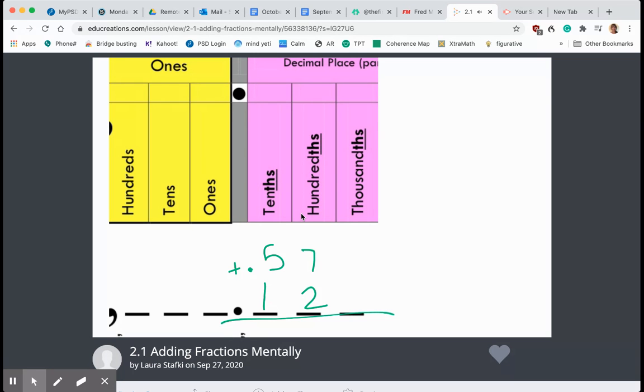And even if this was 2 and 57 hundredths, I can add a 0 just to make it easier to see. So I could have 2 and 69 hundredths would be that answer. Lining up the decimal is key. Hang on to that thought.